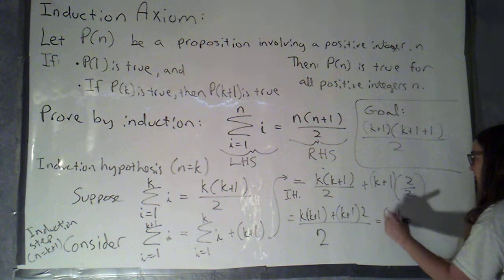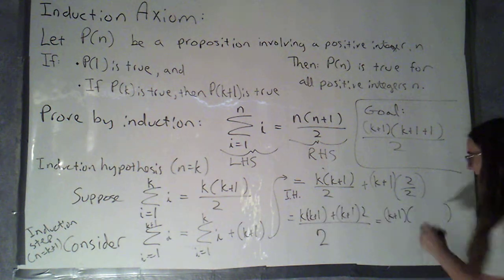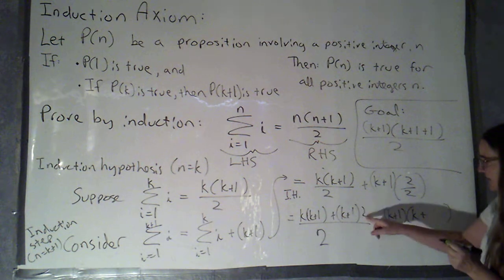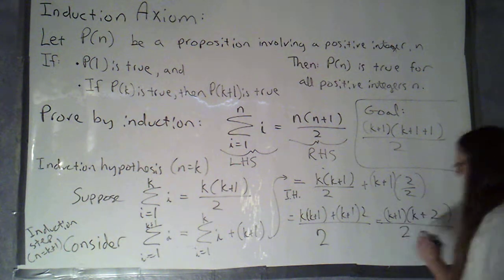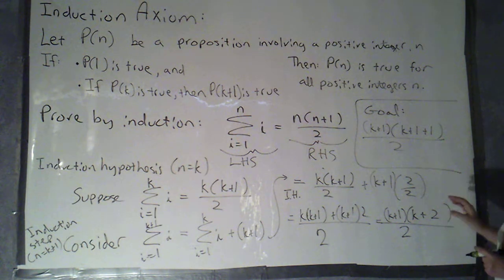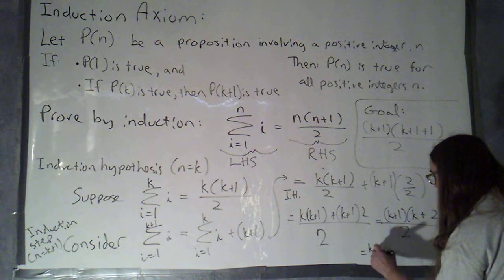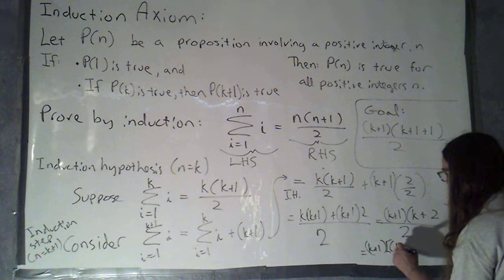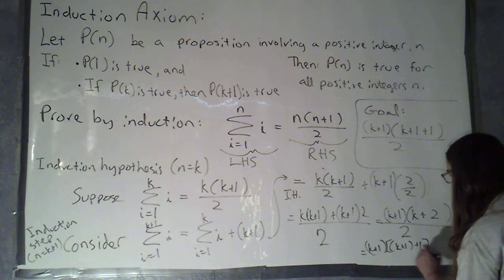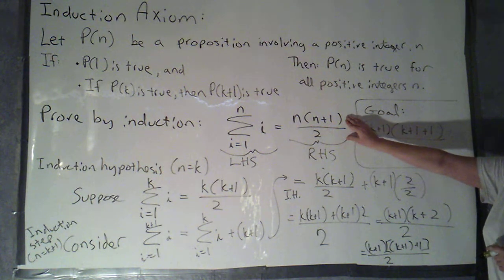So that's k plus 1 multiplied by, here it's being multiplied by k, plus here it's being multiplied by 2, all over 2. That looks an awful lot like what I want. Let's be explicit and observe that this is k plus 1 multiplied by k plus 1 plus 1 all over 2, which is exactly this right-hand side with n replaced with k plus 1.